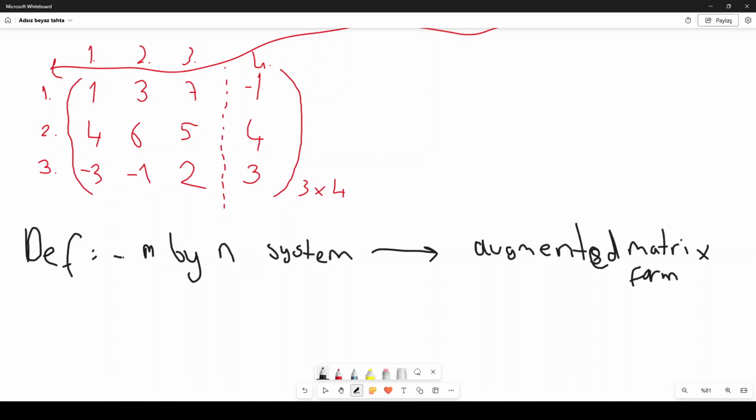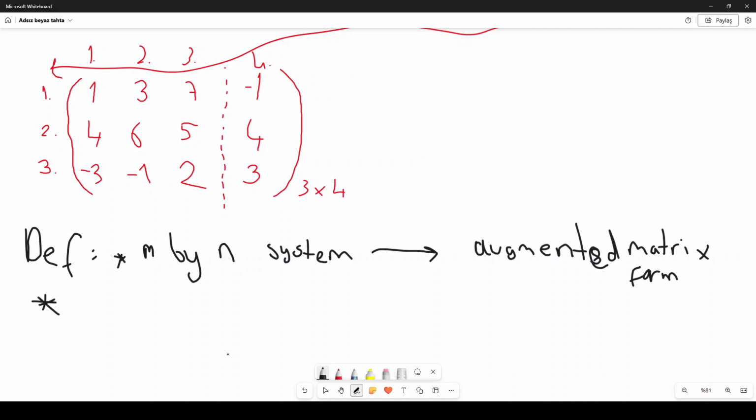After converting it into the augmented matrix form, we check to see if it is in the row echelon form or not. If it is, then it is very simple to find the solution. We have done it before in previous lectures in the upper triangular system form.